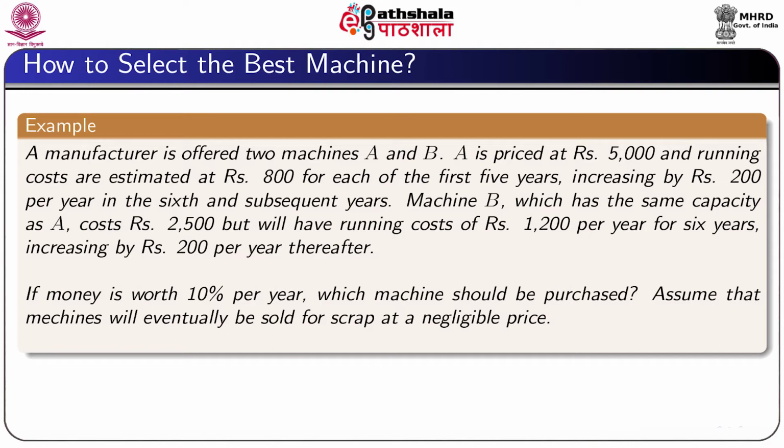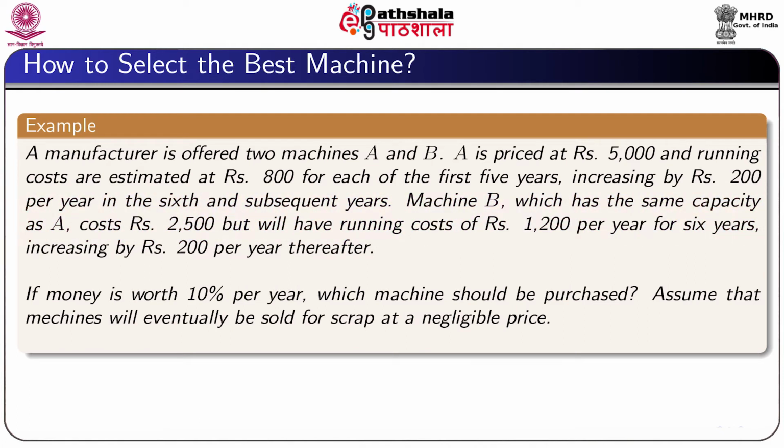Machine B, which has the same capacity as A, costs rupees 2,500, but will have running cost rupees 1,200 per year for 6 years, increasing by rupees 200 per year thereafter.